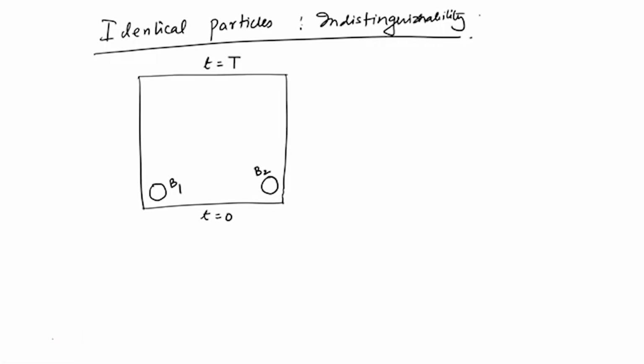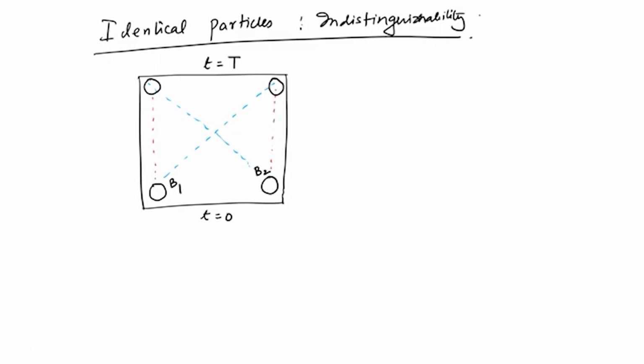Let me show it by this blue color, that B1 goes to this end and B2 goes to this end, and they are now at t equal to t. But there is also another possibility, that they can actually go like this and they can go like this.